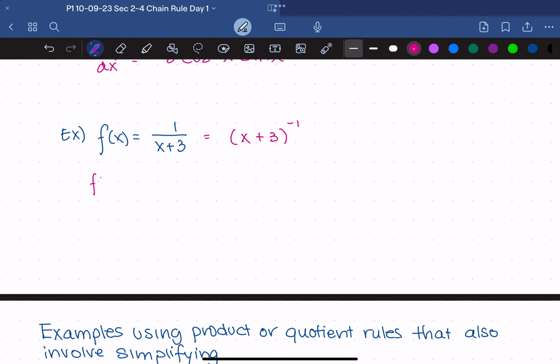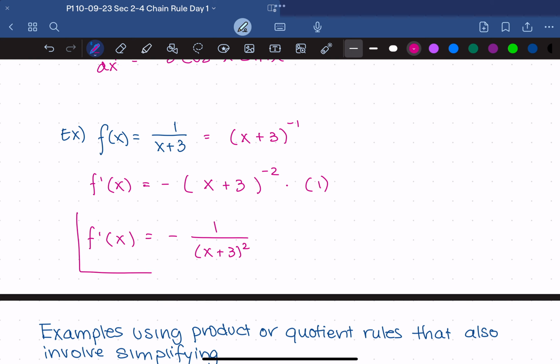So I'm going to apply the power rule, multiply by the exponent, subtract 1 from the exponent, keep the inside the same, and in this case, the derivative of the inside is just 1, so I don't even really need to multiply it or show it. And then I can just clean this up a little bit. Let's put that x plus 3 in the denominator. It's got a negative exponent. There it is. There's our answer.